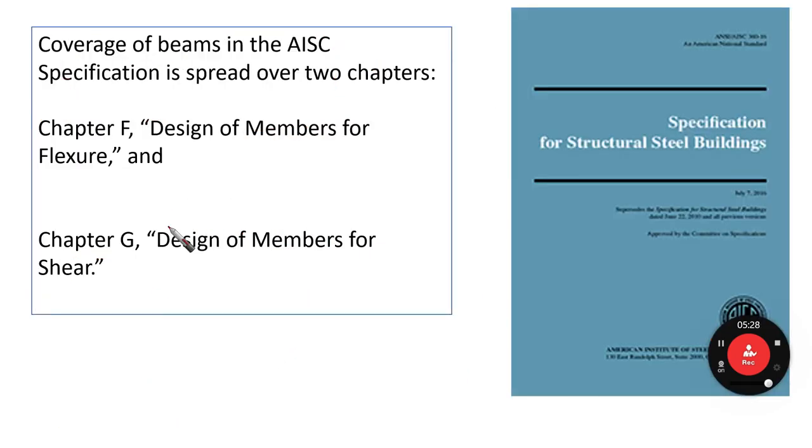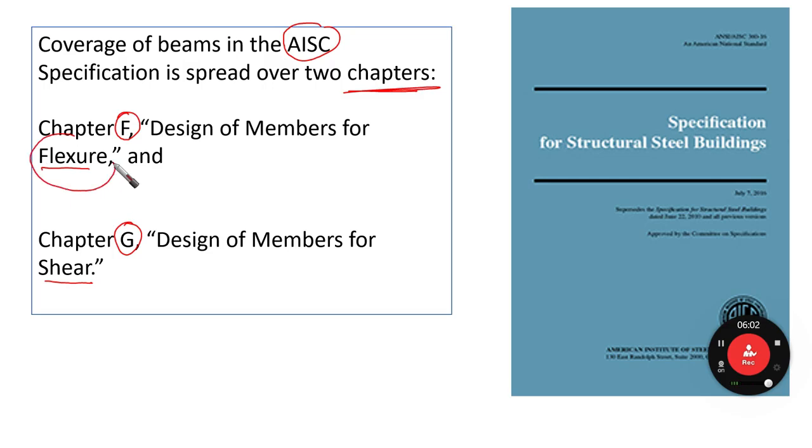Okay, let's go now to see where the beams are covered in our AISC specification. Coverage of beams in the AISC specification is spread over 2 chapters. The first one is chapter F, titled Design of Members for Flexure. And the second is chapter G, Design of Members for Shear.